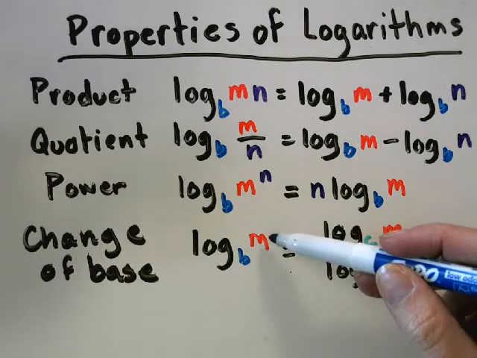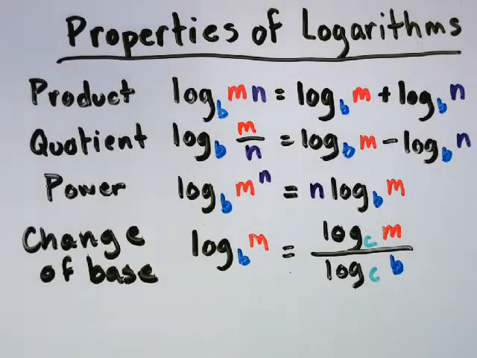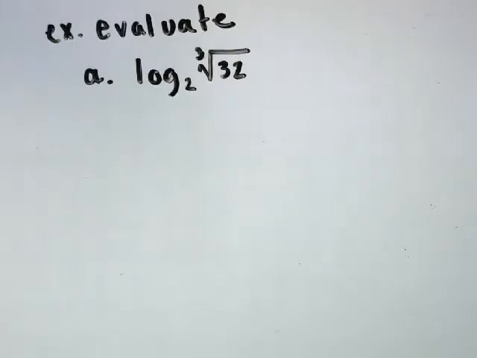So the top stays on top, the bottom stays on the bottom, and then we introduce a new base. Where this is helpful is if we change the base to either base 10 or base e, because that is what is on our calculator.